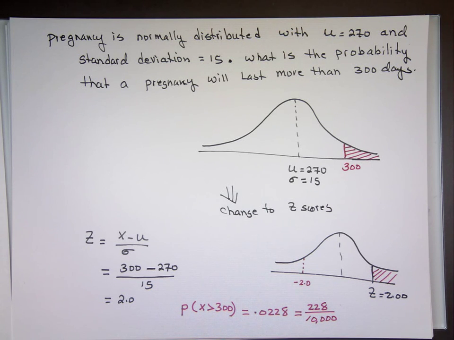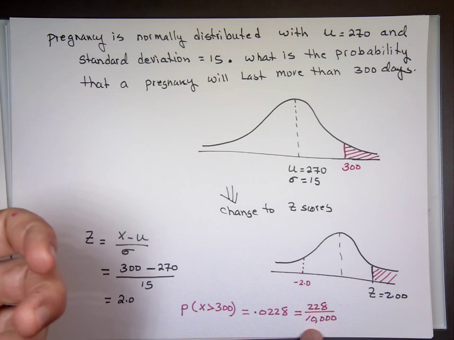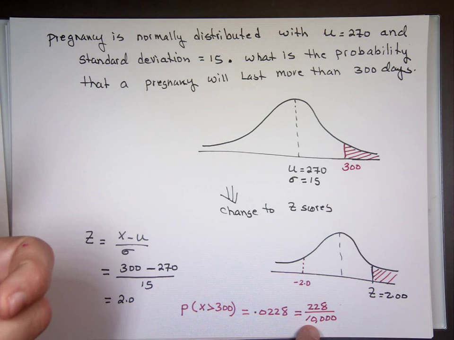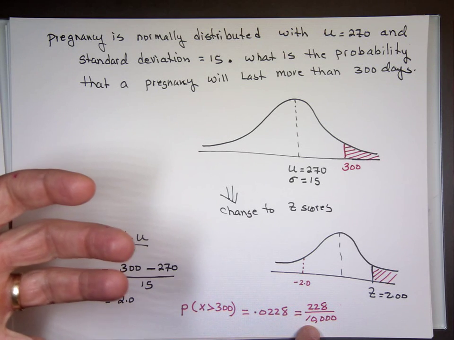They can pinpoint it within a few weeks, but they could be way off. Again, this is not an impossible case. It happens 228 times per 10,000 pregnancies, or almost twice every 100 pregnancies.